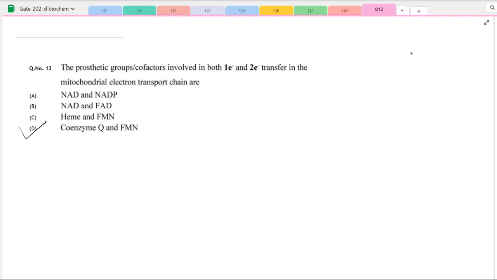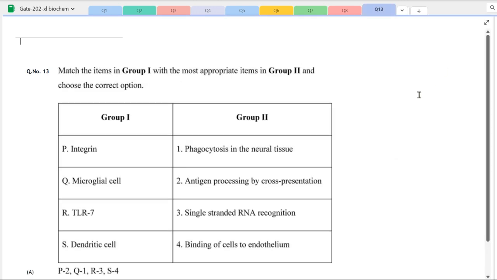If you take into consideration how 1 electron and 2 electron are transferred, then the correct answer is coenzyme Q and FMN. Again, just to keep this video short, I'm not going too much into the details because it'll prolong my explanation with too many facts. This is just like last minute preparation for your GATE examination. Moving on to the next question.